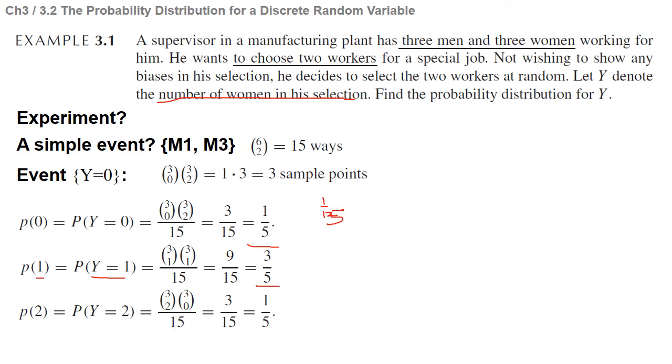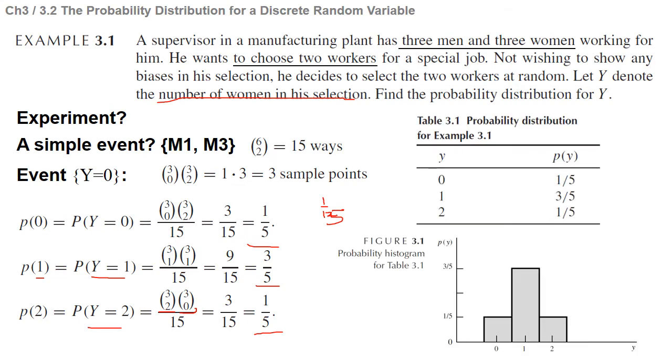And for event Y equals 2, similarly, for men, it's 3 choose 0, and for women, it's 3 choose 2. So 1 over 5 is the probability related to random variable Y. Okay, and here's the table for this situation.